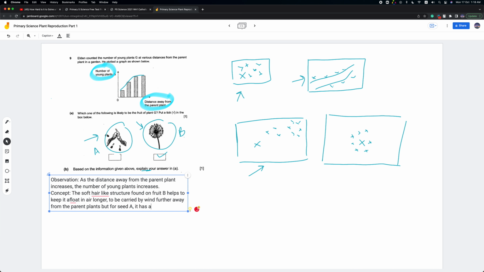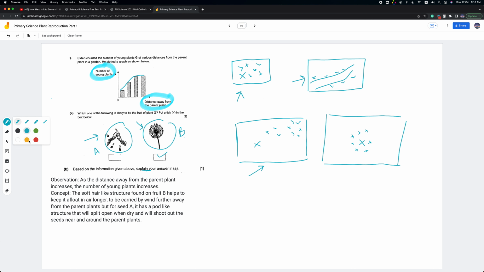It has a pod-like structure that will split open when dry and will shoot out the seeds near and around the parent plants. There you go. So there's two key phrases here.